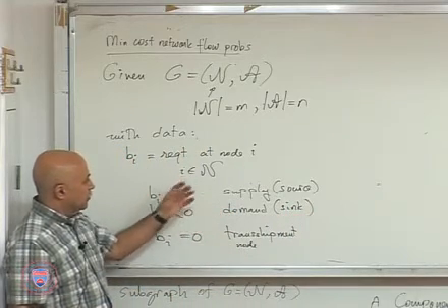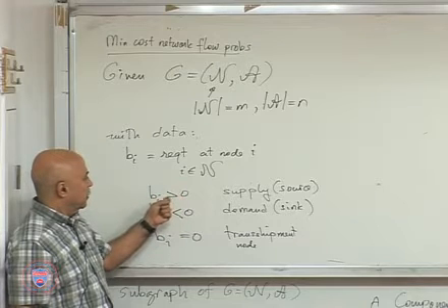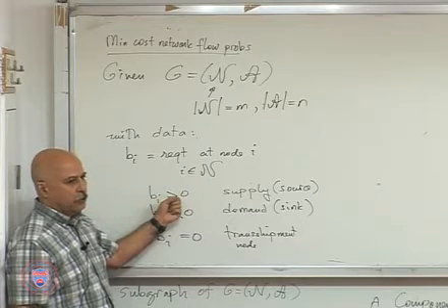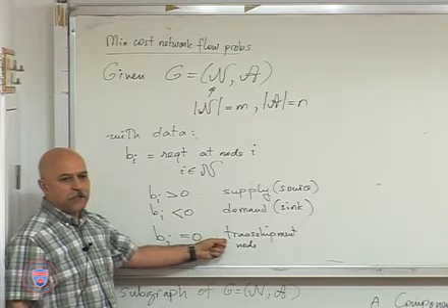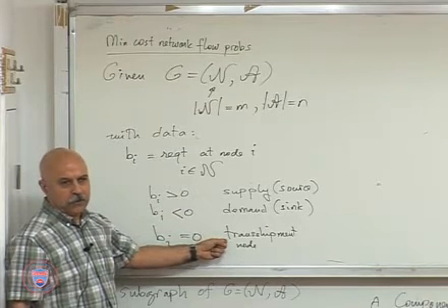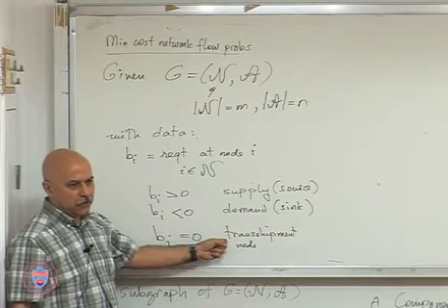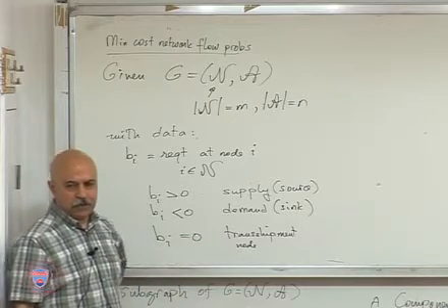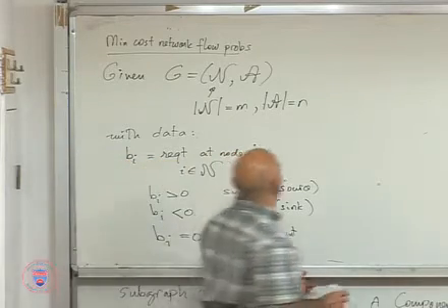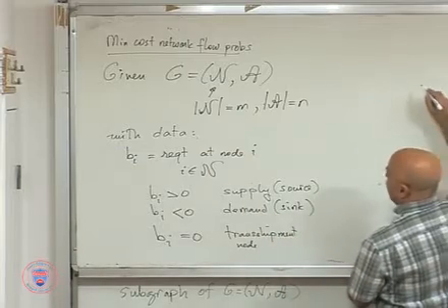When you deliver units, truckloads from sources to sinks, you may along the way visit certain nodes which neither supply anything nor demand anything. They are transshipment nodes, so you are allowed to visit them. Okay? All right, we have additional data.